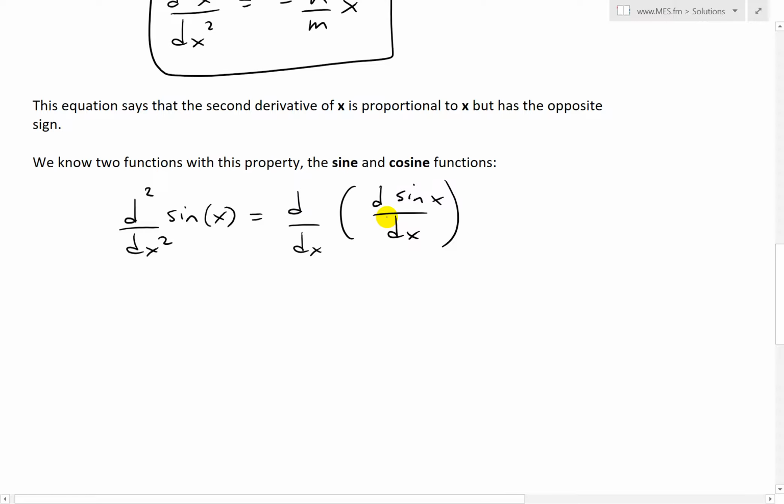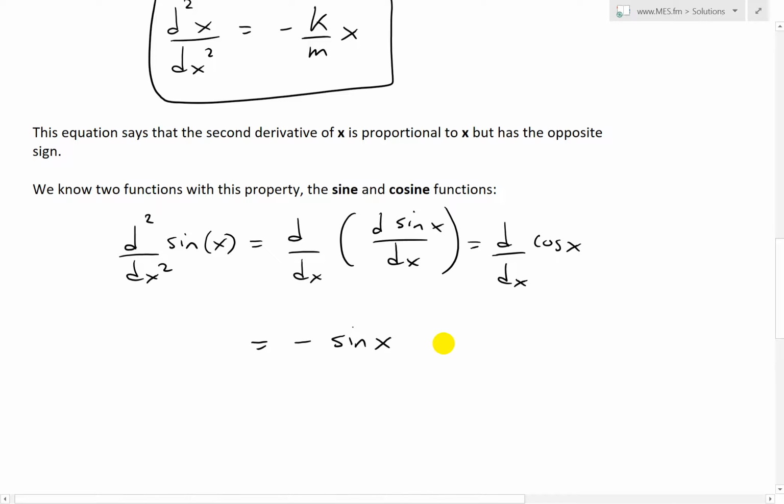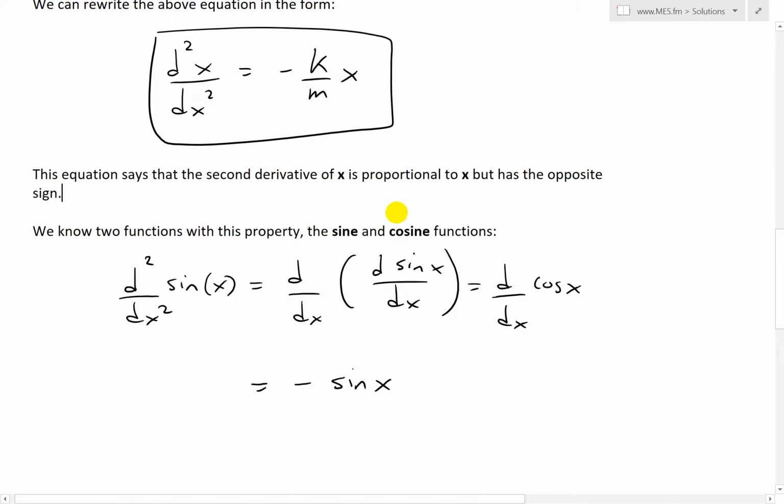So we take the derivative of the inside function; the derivative of sine is cosine, so we have d/dx of cosine of x, and the derivative of cosine is negative sine of x. So the second derivative of sine is negative sine of x. In other words, it's equal to itself but negative, exactly similar to our equation: the second derivative is proportional to the negative of itself.